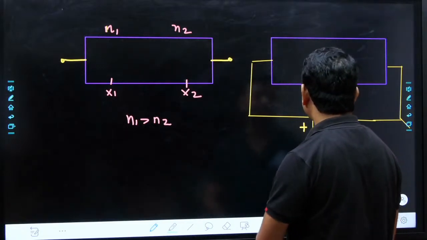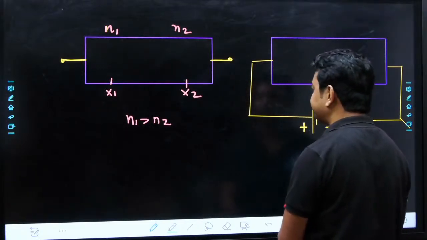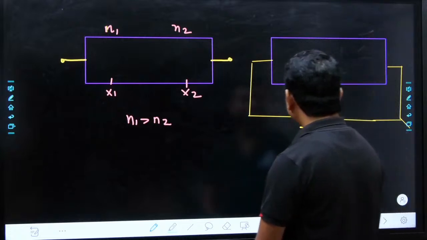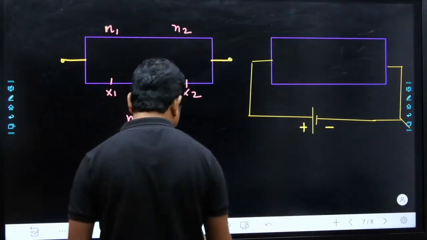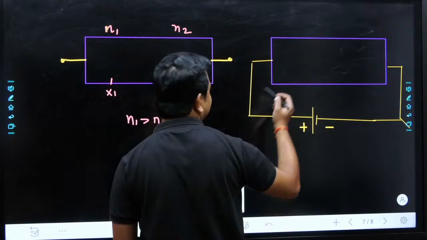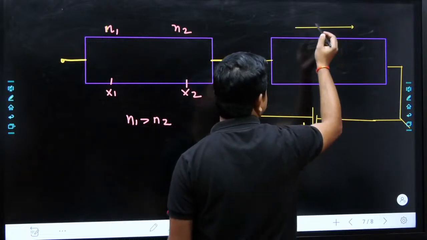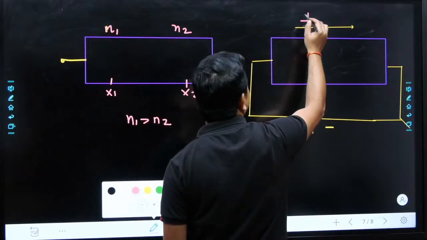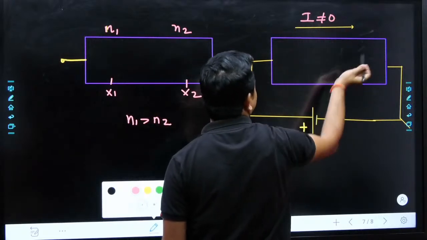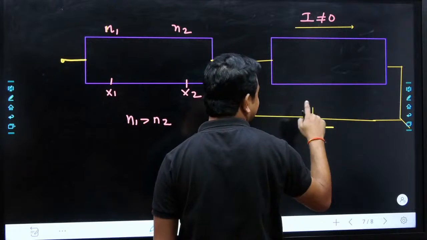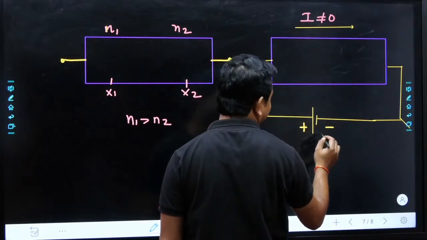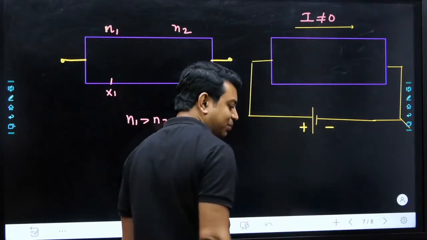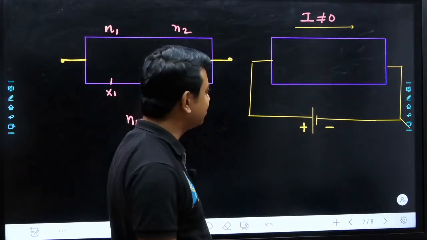So, this is positive, negative. In this way we have to think. Here definitely we have a current. The magnitude of current must be a non-zero value, because we are constantly supplying the source, which will supply the electrons, because the negative terminal of the battery will supply the electrons. Okay.